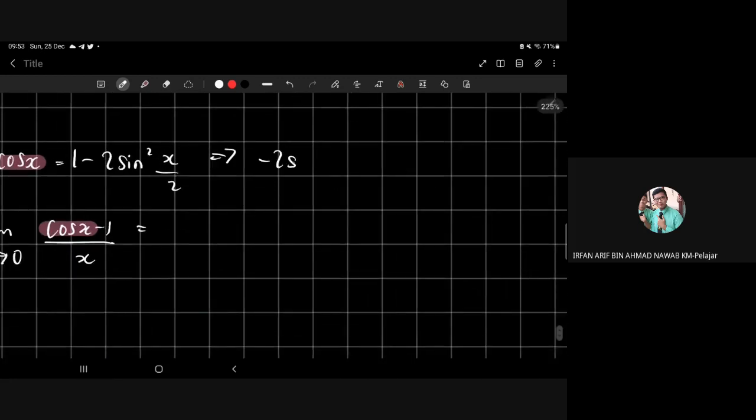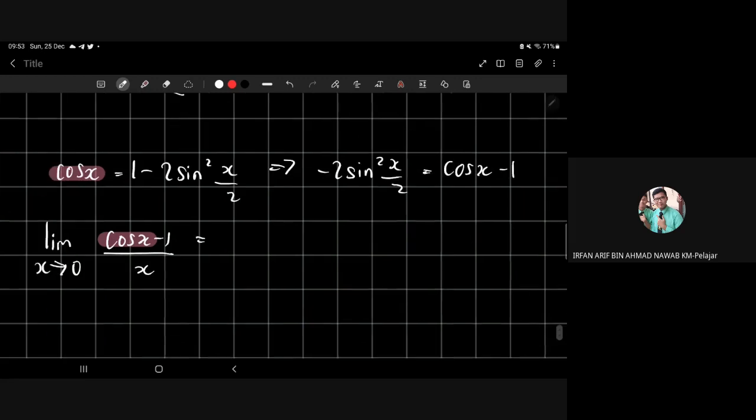Negative 2 sine squared of x over 2 is equal to cosine x minus 1.